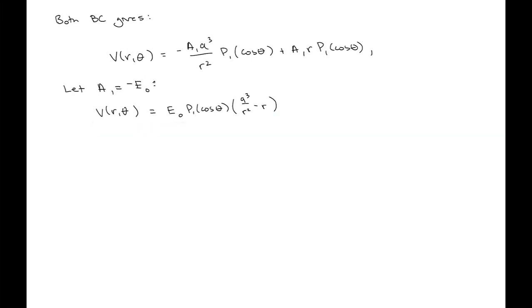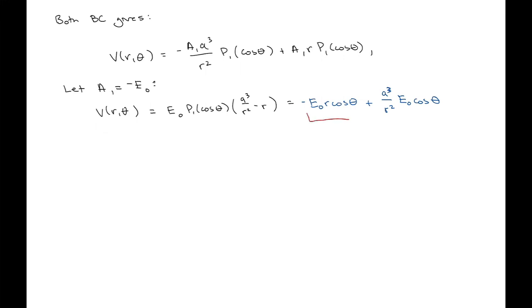If I write that as two different terms, this is kind of fun. Notice you get negative E naught r cosine theta plus a cubed over r squared times E naught cosine theta. First thing, they both have the same units. That's great.